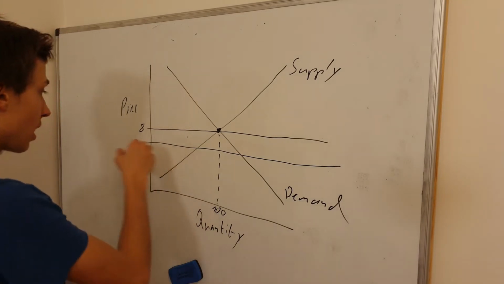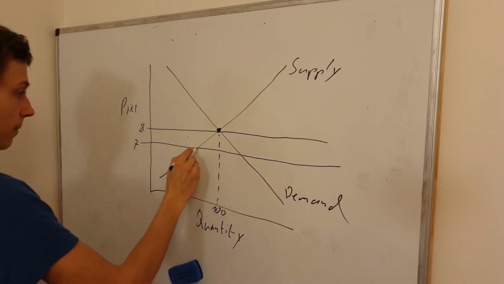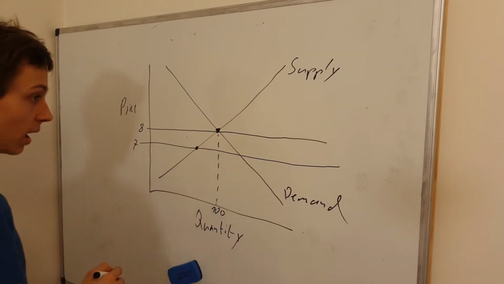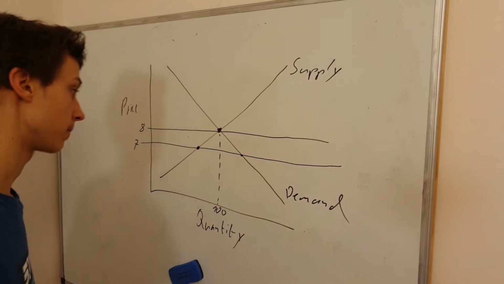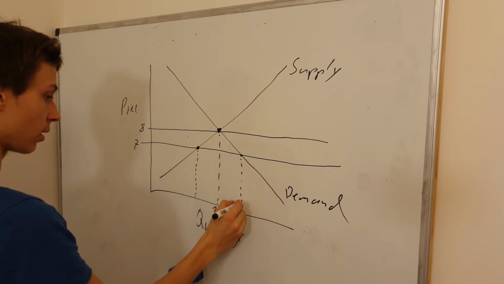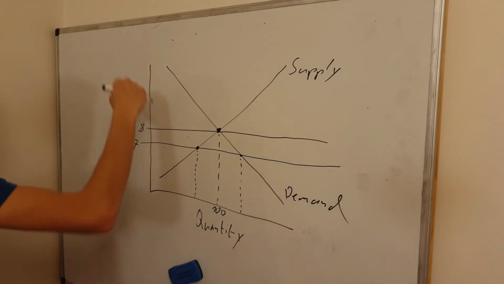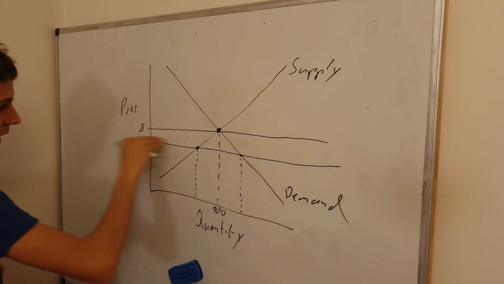And so we limited our price, and by this we limited our quantity supplied, and also our quantity demanded. Let me just make these lines vertical down. We see we shifted our price down. Instead of our original price 8, now we have price 7.